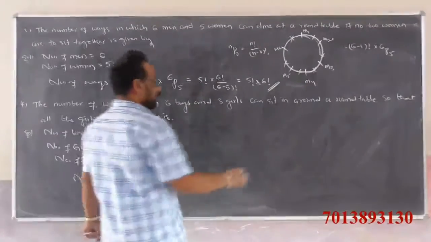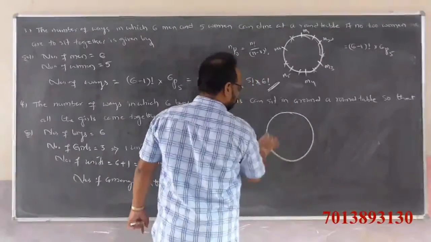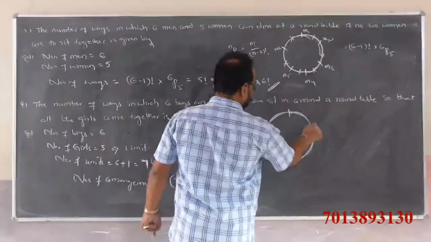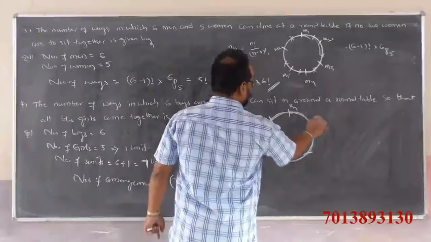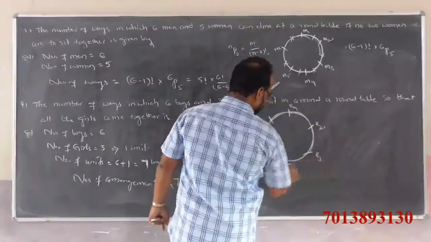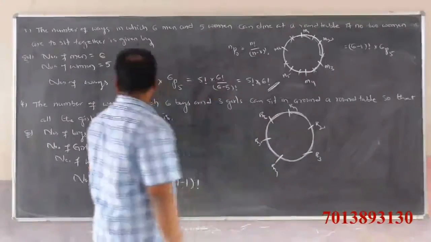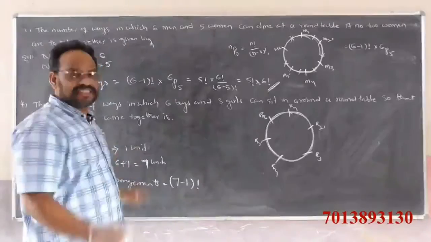That means at the round table, here are 6 boys, B1, B2, B3, B4, B5 and B6. Here the number of girls is 3, and the 3 are considered as 1 unit.